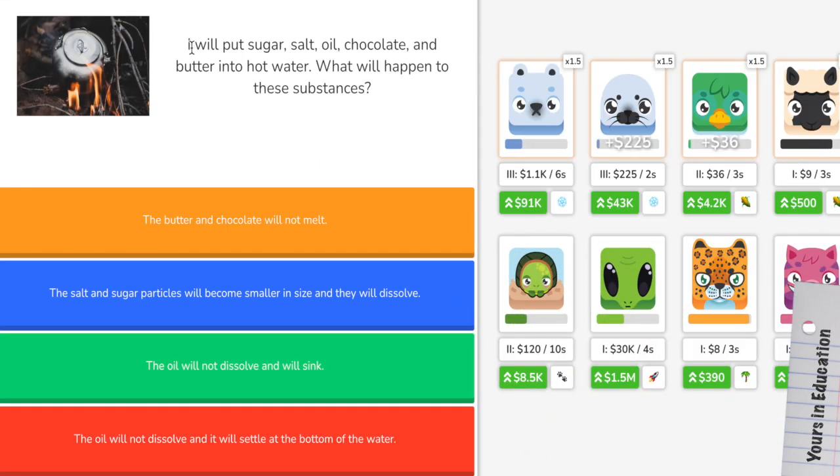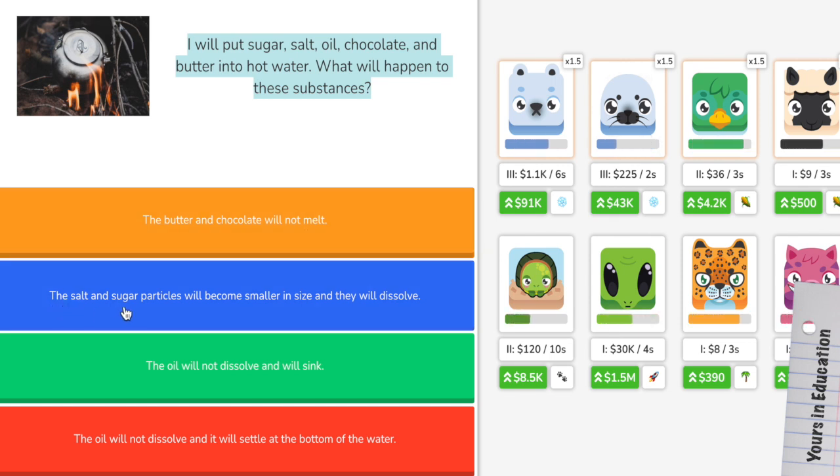Okay, so is that good or bad? That's good. I will put sugar, salt, oil, chocolate, and butter into hot water. Ugh, I wonder how that tastes. What will happen to these substances? The butter and chocolate will not melt? No, they will definitely melt.